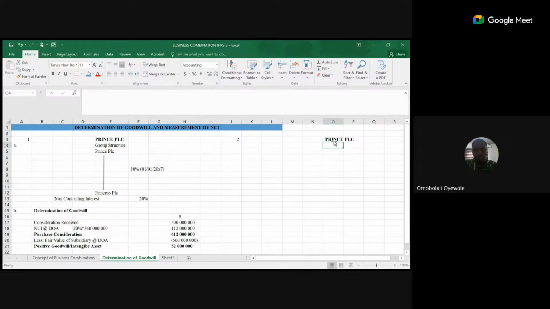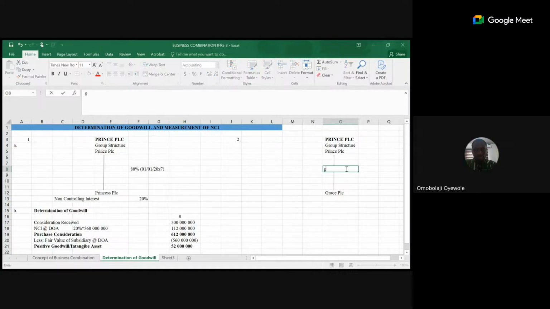So group structure. Change that one to Grace. So this one is Grace PLC.